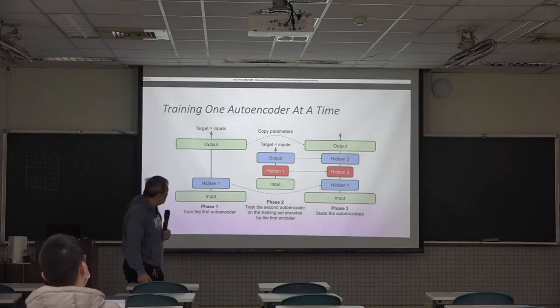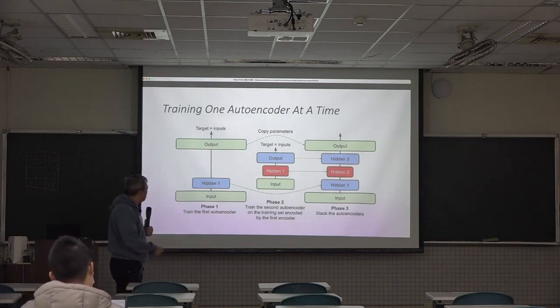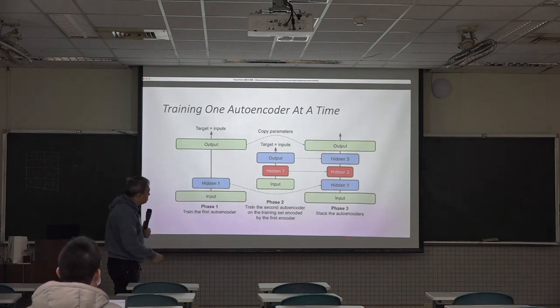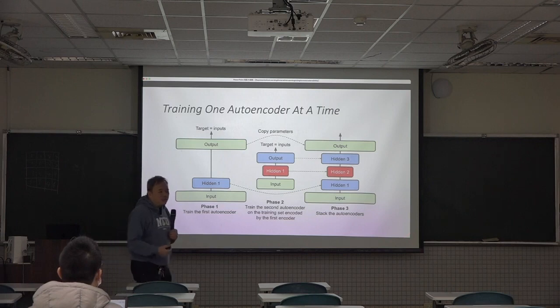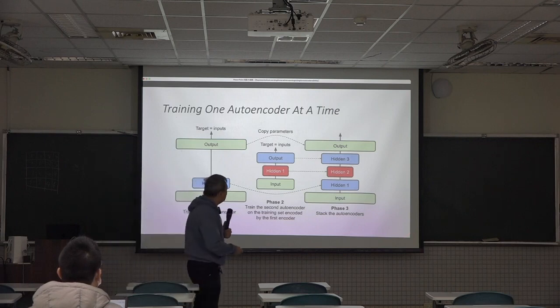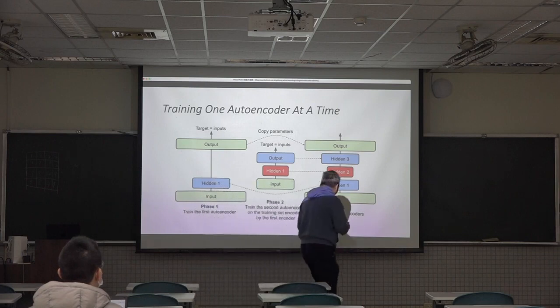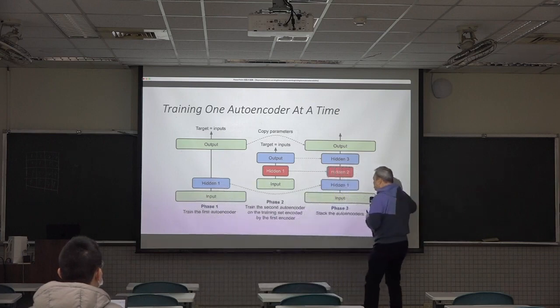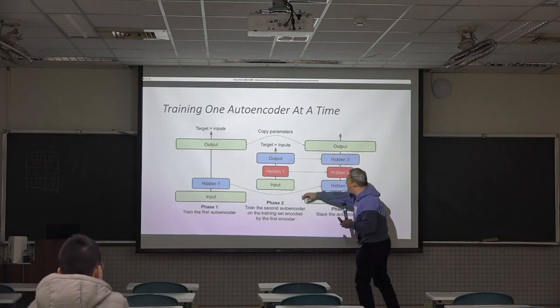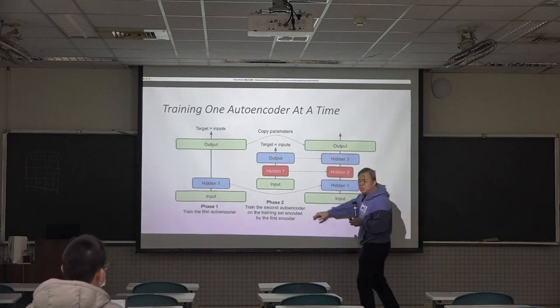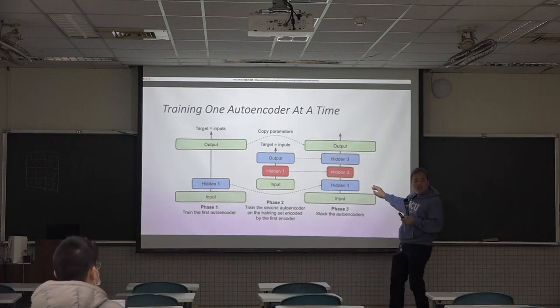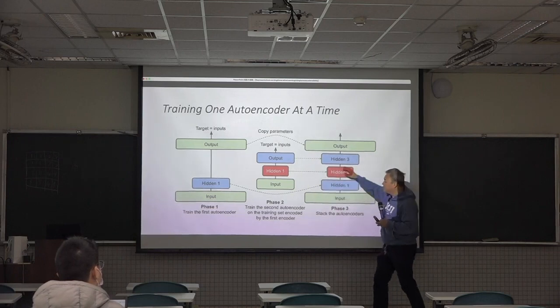You may wonder why we need to eventually create a deep autoencoder. The reason is that, just like the application we just talked about, eventually we could use this part for transfer learning, right?